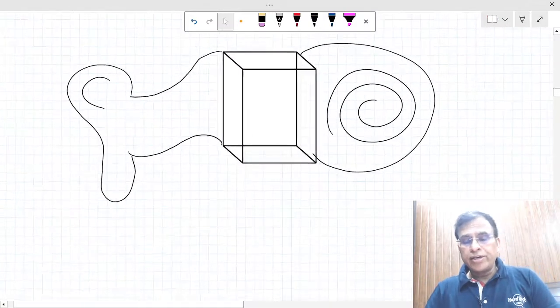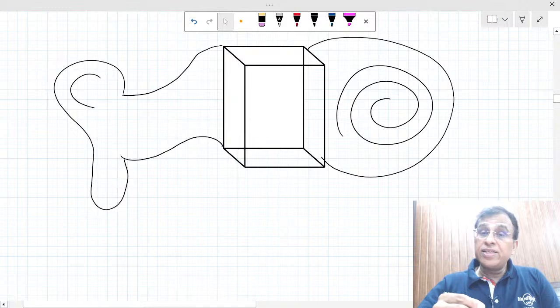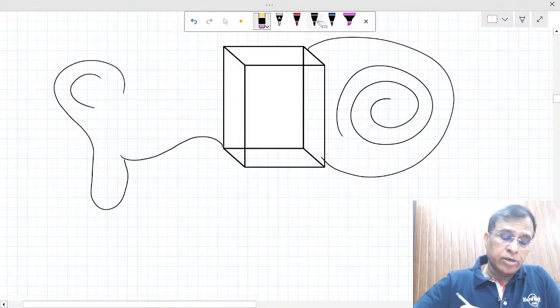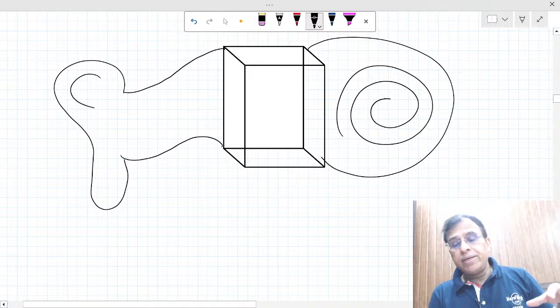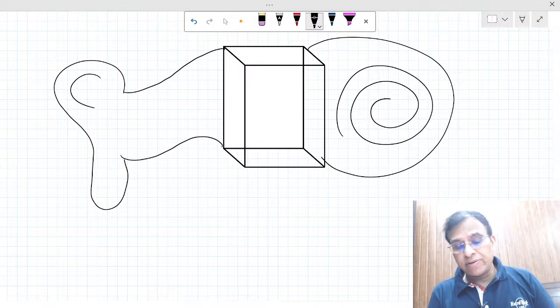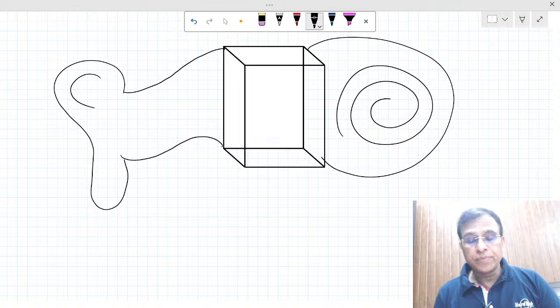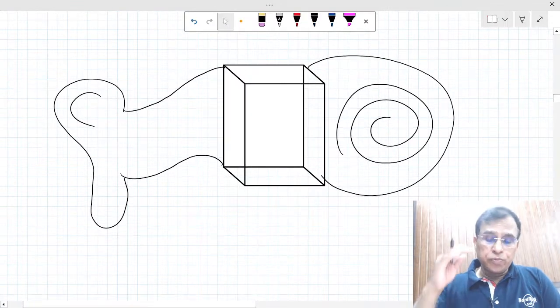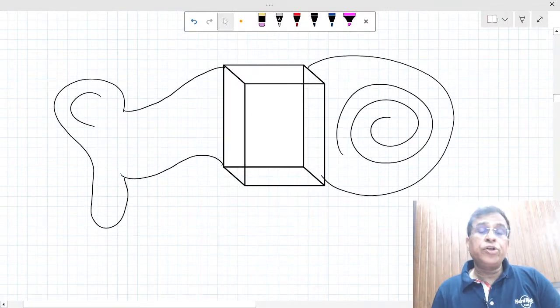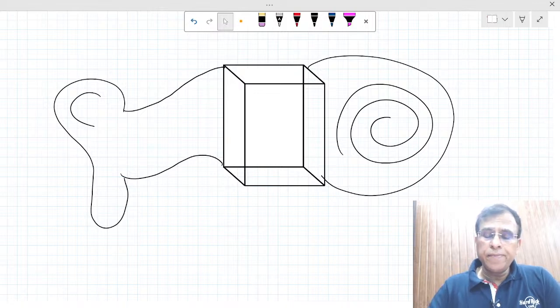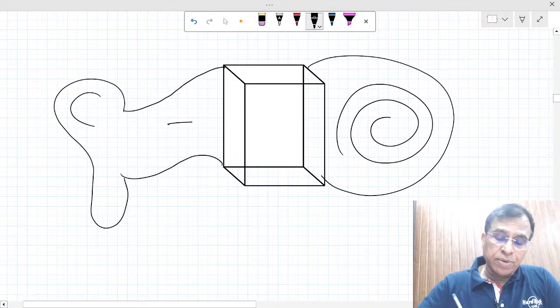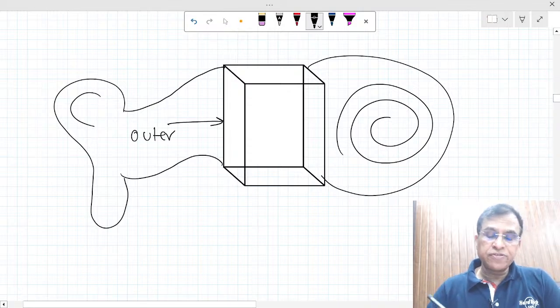So look here, this diagram is very similar to the first diagram that I had drawn when we started. The only difference is the middle ear this time is shown like a box, otherwise external ear, middle ear, inner ear. If I tell you, you know one boundary already in this diagram. You know this boundary, which is the outer boundary, because it is facing the outer ear.